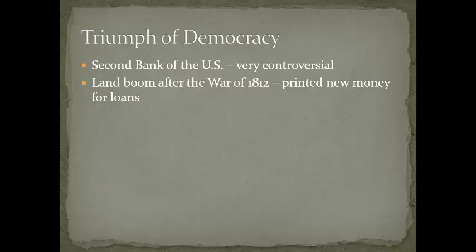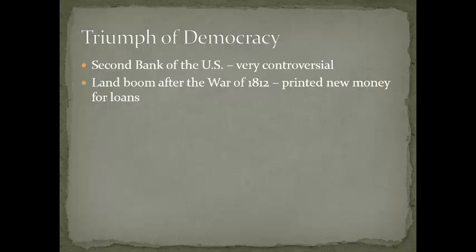Well, what happened after the War of 1812, there's a land boom. More and more people are moving out west, and as they're buying this land, they need loans to pay for the land, right? They need loans to buy the land as they move out west. Well, a lot of these banks begin printing paper money to pay for these new loans.